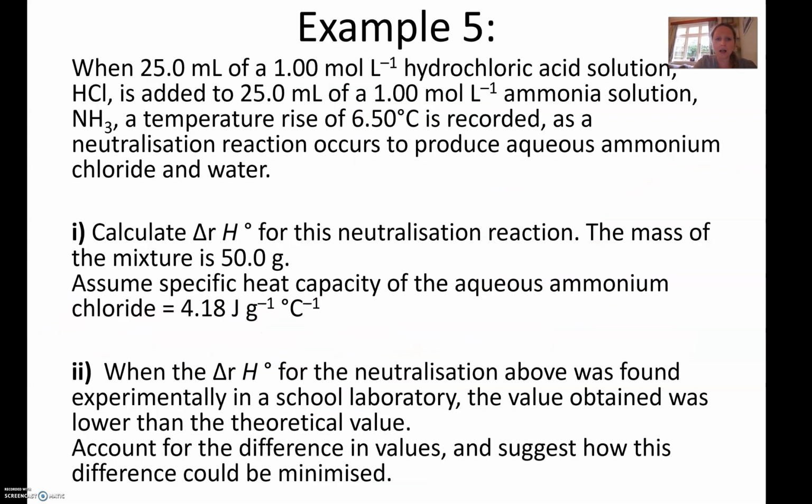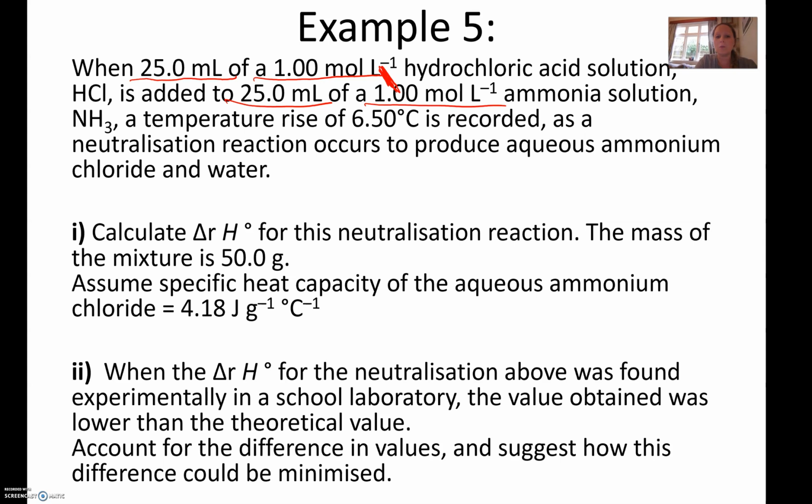Okay, example 5. This one's a bit different again. This one is actually a type of neutralization reaction, which they've started to do a little bit more of. So 25 mils of 1 mole hydrochloric acid is added to 25 mils of 1 mole ammonia. Now, because these are both 1 mole, you don't have to worry about which one's going to get used up first. They've got the same concentration, so it's 1 to 1.